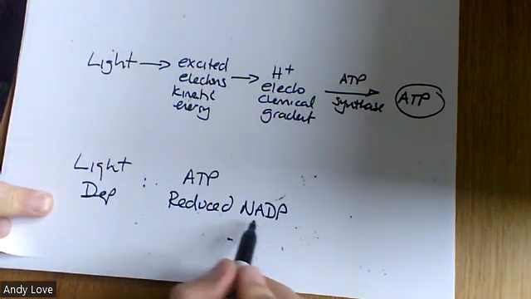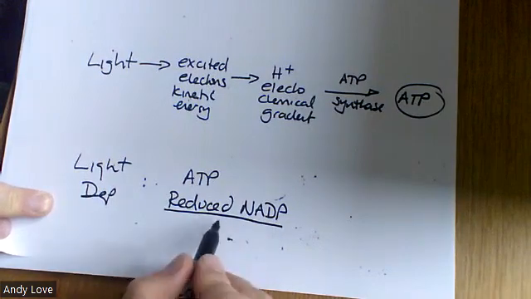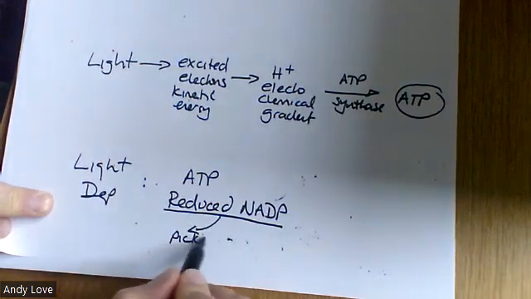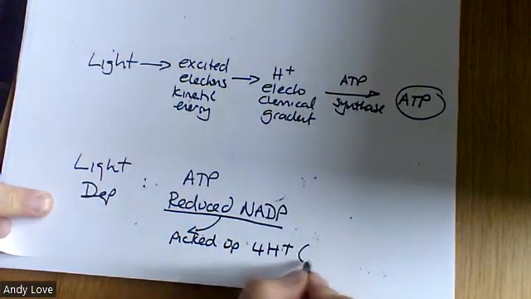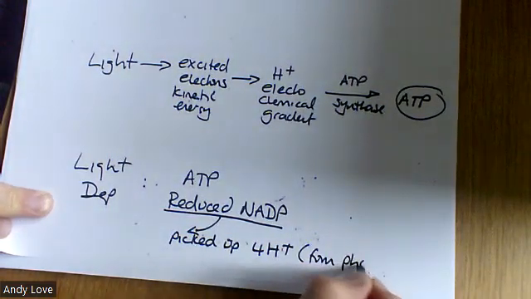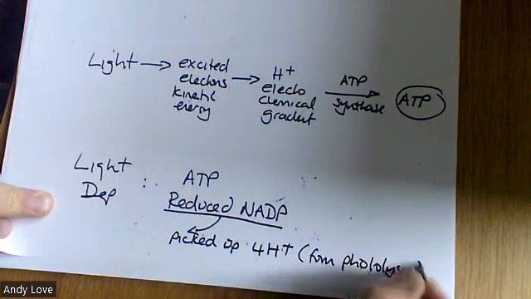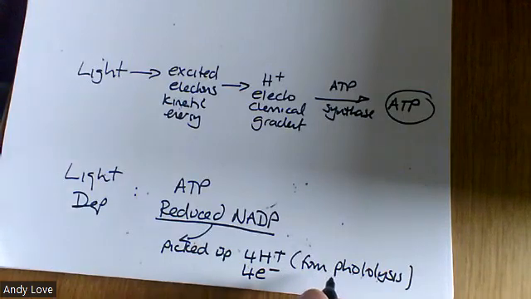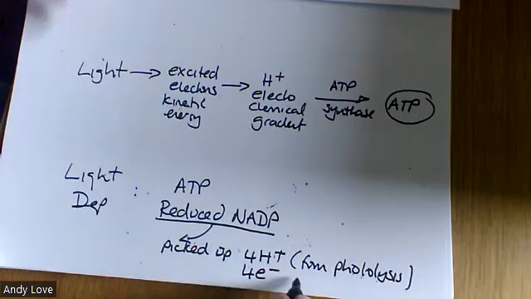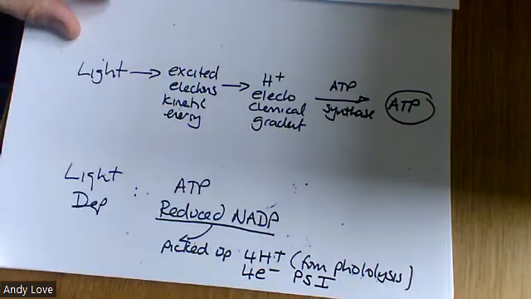Okay, and all that's happened, it's called reduced NADP because it's picked up 4 hydrogen ions from photolysis, and it's picked up the 4 electrons from the electron transport chain of PS1.